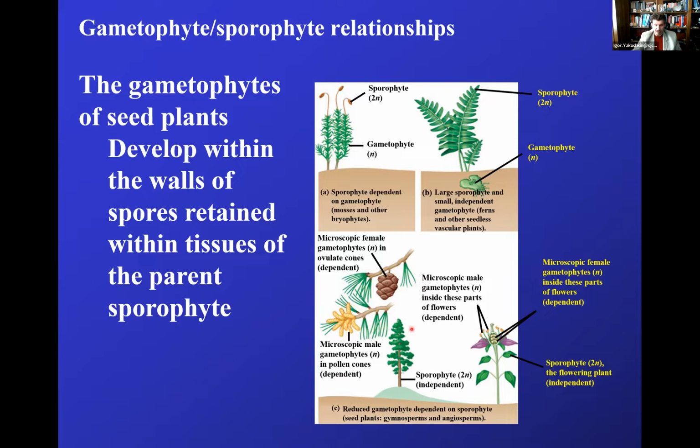Whenever you're looking at any kind of tree, that's a sporophyte. The question is whether it's a flowering plant or a naked seeded plant, like a cypress or anything like that. But an oak tree will be a flowering plant. So now we're looking at the microscopic gametophytes. The male gametophyte in the flowering plants is literally 2 cells.